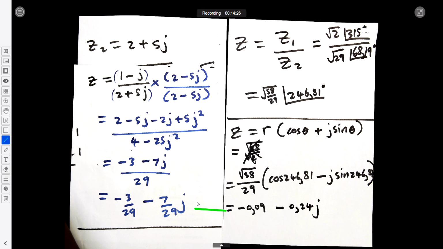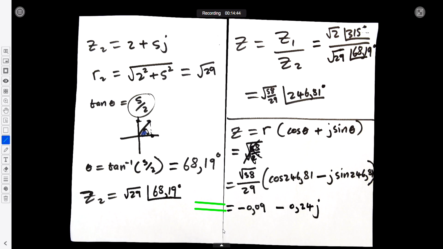So negative 3 over 29 is negative 0.013. Okay, let me confirm if it is the same problem, 2 plus 5j.